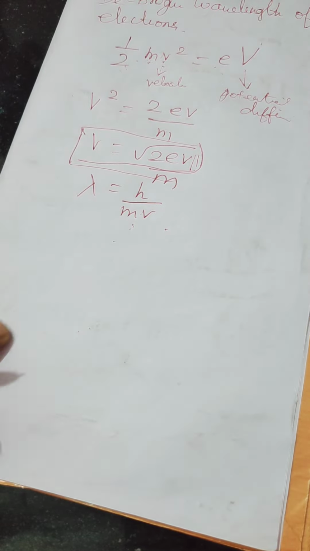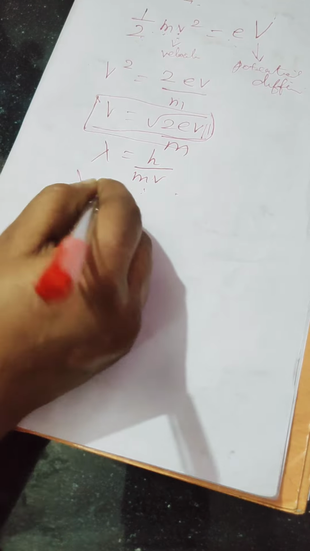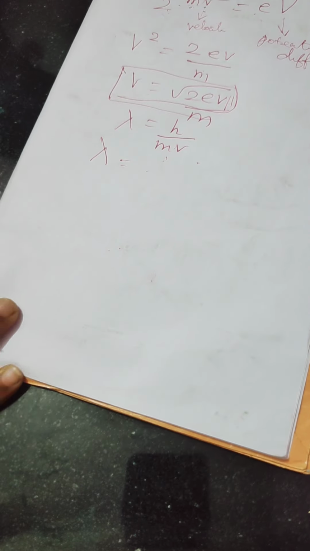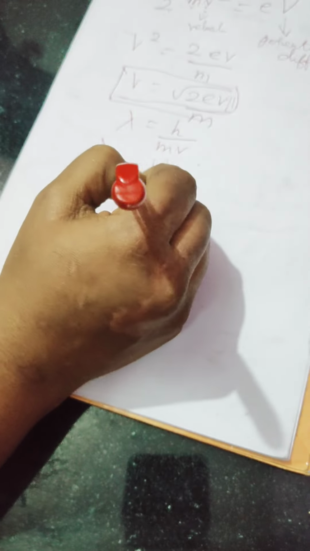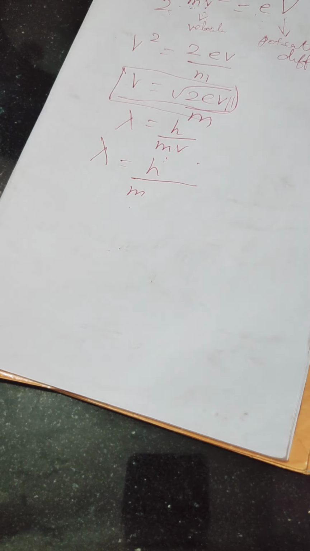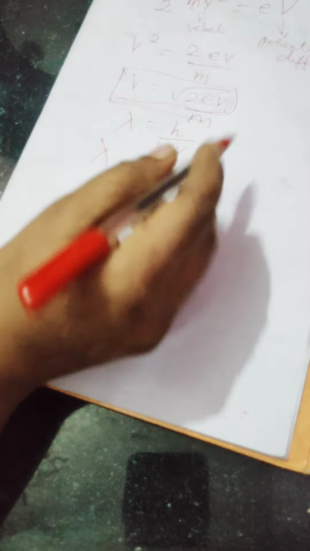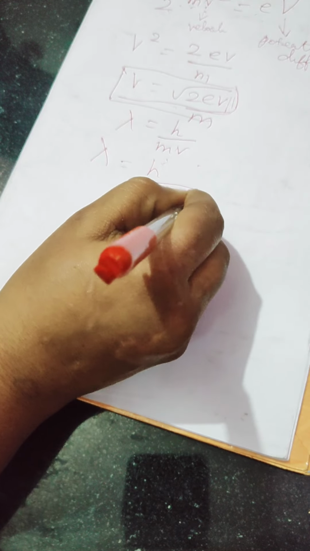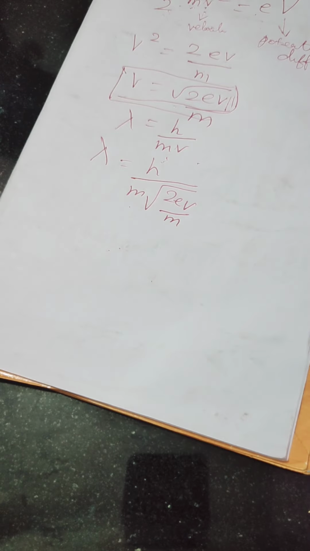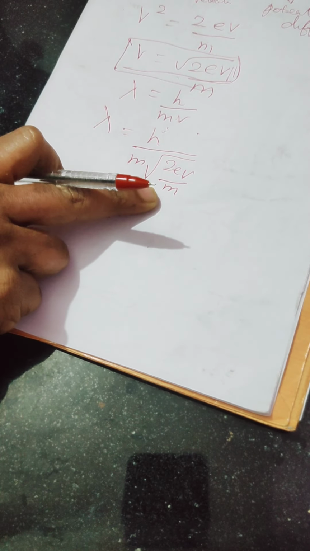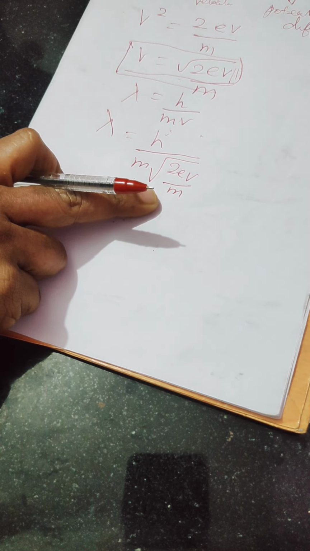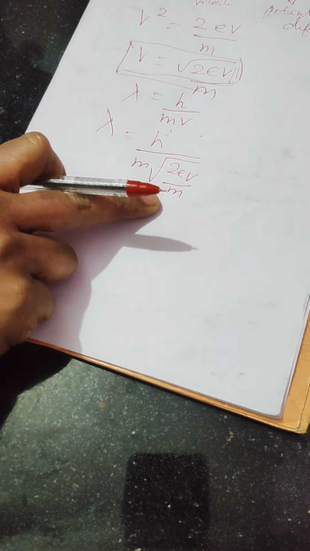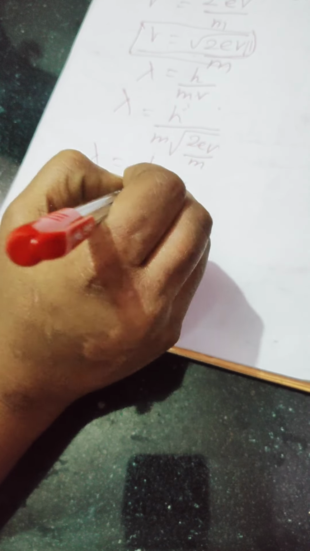So lambda is equal to h by mv, which means just substitute the value. Lambda is equal to h divided by m as I wrote, and the v value is root of 2eV divided by m. So this m is in the root, the denominator m is in the root. I'll write it separately so you can understand.